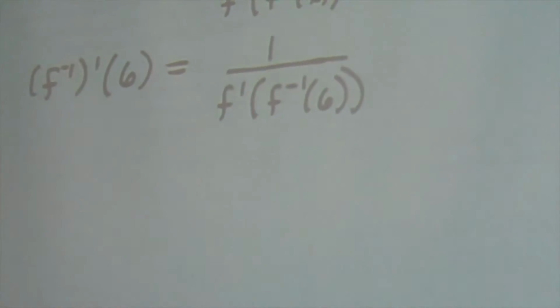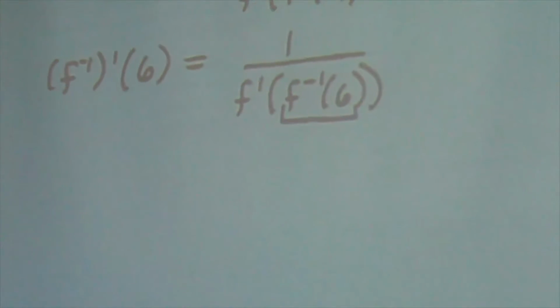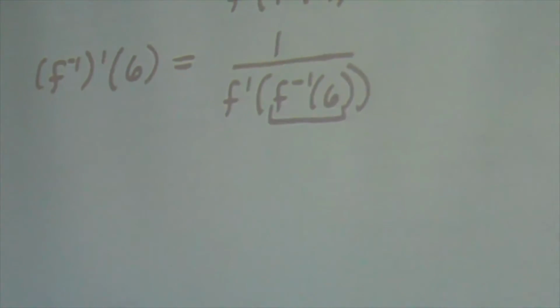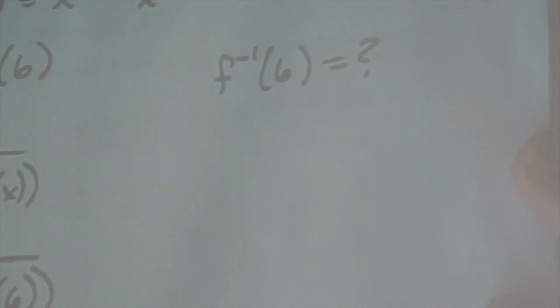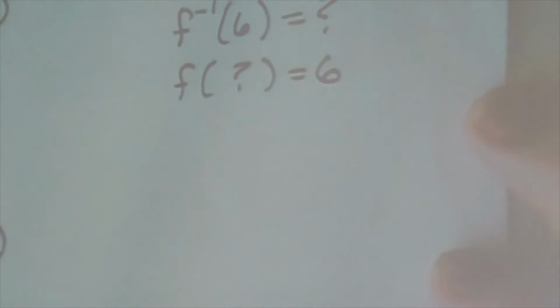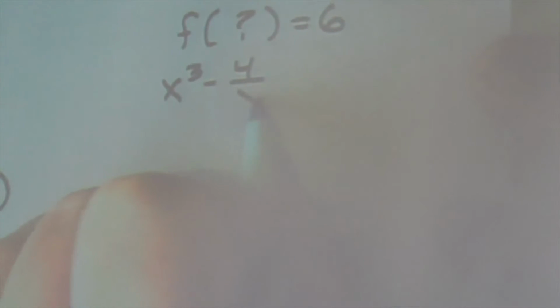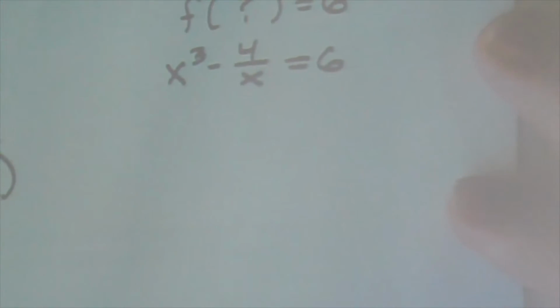Then we start to work from the inside out. We need to find f inverse of 6, right? So f inverse of 6 equals something, which means that f of something equals 6. So we need to set our original equation equal to 6, and they're usually set up to guess and check until you find something simple that works.